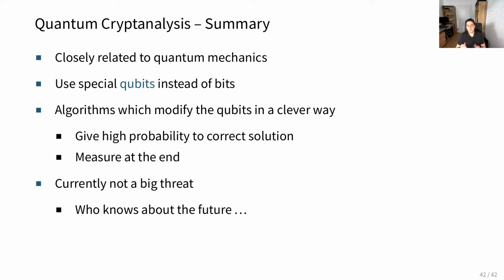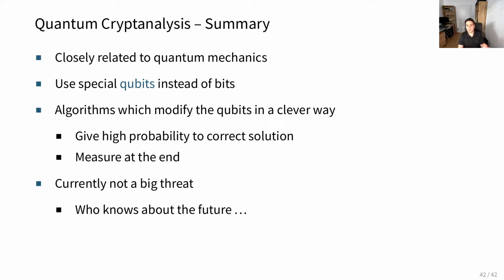Okay, so a summary of this lecture. All of that is closely related to quantum physics. So if you want to dig deeper into it, for example, what is a qubit, or why exactly does each function have to be reversible, then I suggest reading up on quantum mechanics and quantum physics, because it's explained in more detail, and there you can also find out what a qubit actually is.